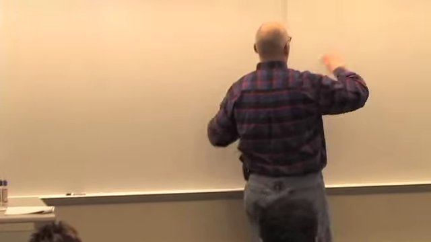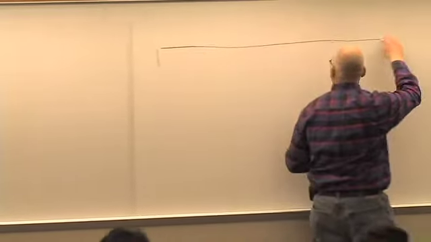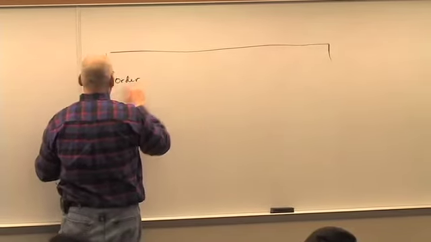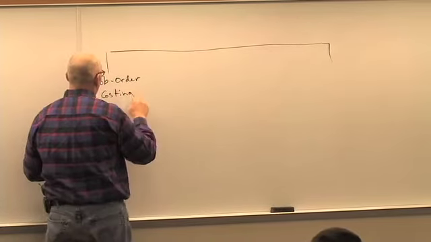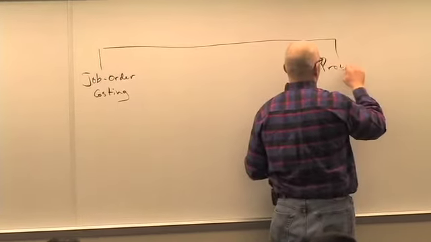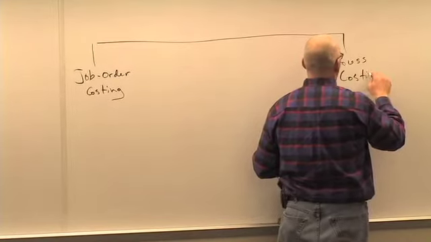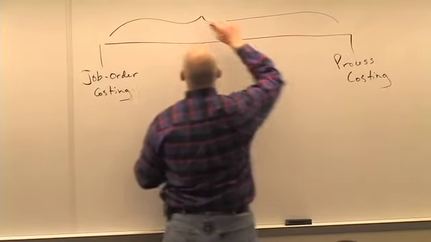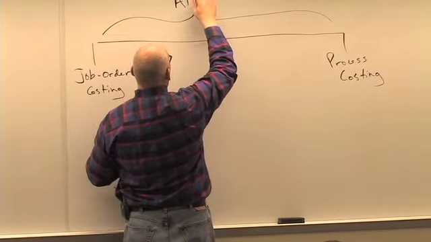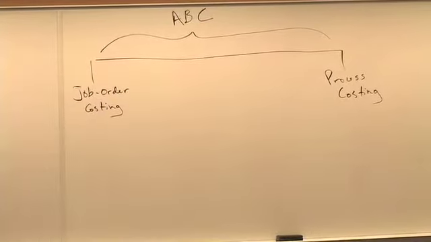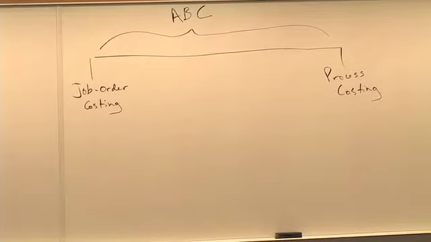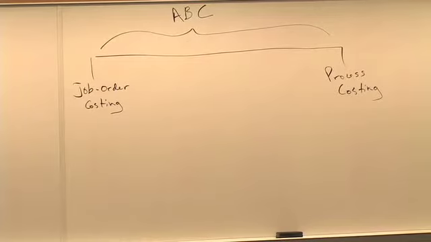So now we're going to encounter those three: job order costing, process costing, and then across the top, activity-based costing. Okay? So far, so good.